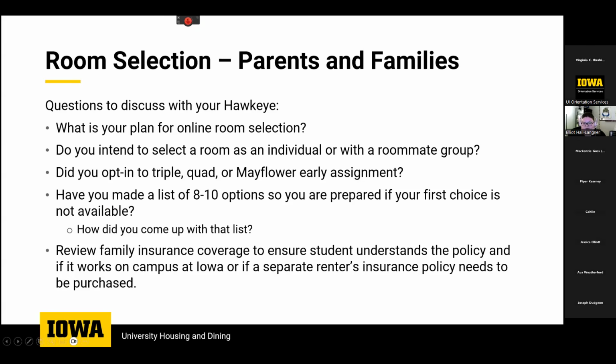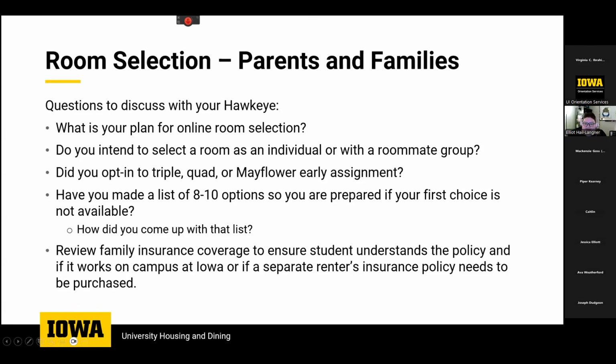Parents and families, we also have some things for you to think about and then maybe discuss with your Hawkeye, maybe over dinner this week. But get familiar with what is your student's plan for online room selection, whether they are selecting as an individual or with a roommate group. Are they the one with the earliest time slot who's going to be logging in and making those room assignments? Or did they maybe opt into a triple, quad, or Mayflower early assignment?